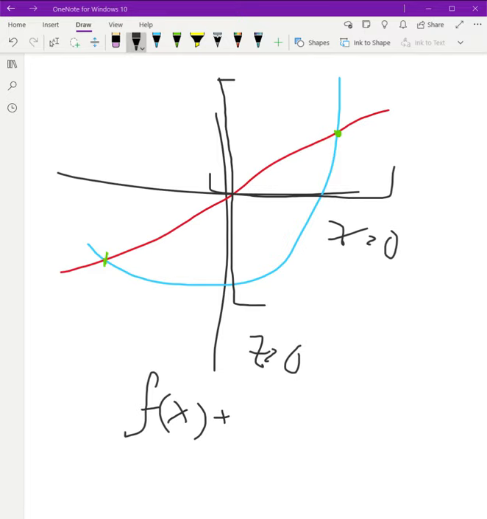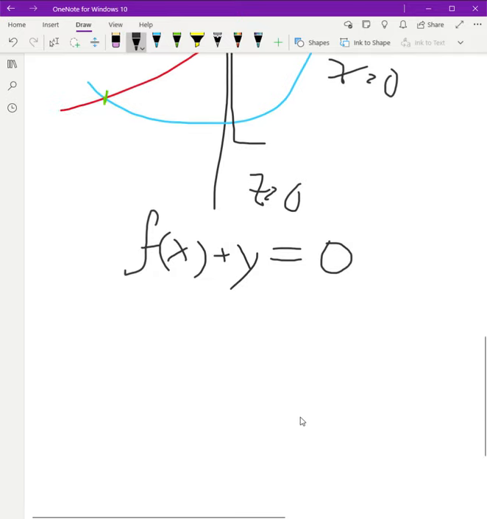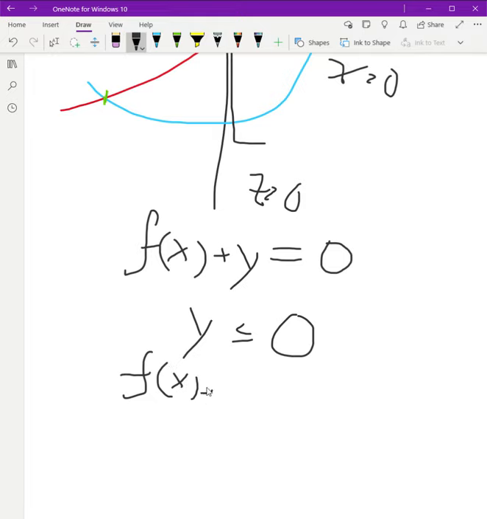I mean, it has to be greater than that. That means it's less than 0. Plus, we'll just call it y is equal to 0. And y must be less than or equal to 0. Therefore, f of x is equal to t must be greater than 0, which is what we wanted.